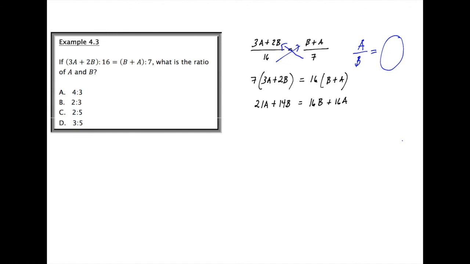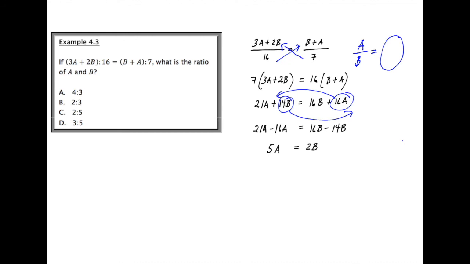Let's now transpose this 16a to the other side, and this 14b to the other side. We have now 21a minus 16a equals 16b minus 14b. And 21 minus 16, that is 5a. And 16 minus 14, that is 2b.